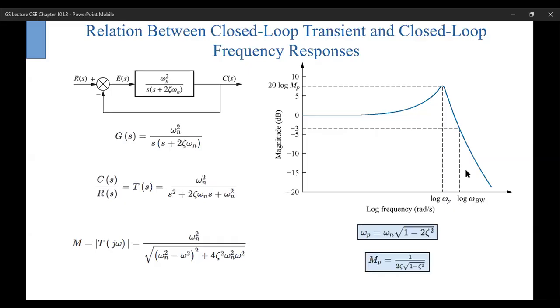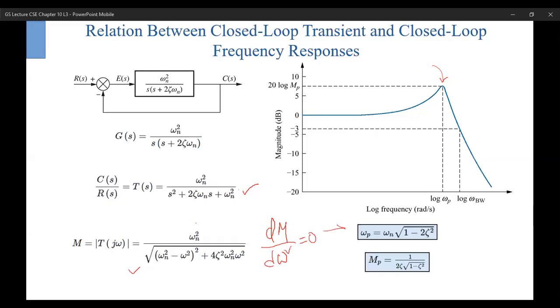And this is the closed loop transfer function of our unity feedback system. From this, we can find out what our magnitude value will be. So the magnitude value is this one. Now, if you want to find the peak magnitude here, then we have to differentiate the magnitude with respect to omega square, and then set it to 0.